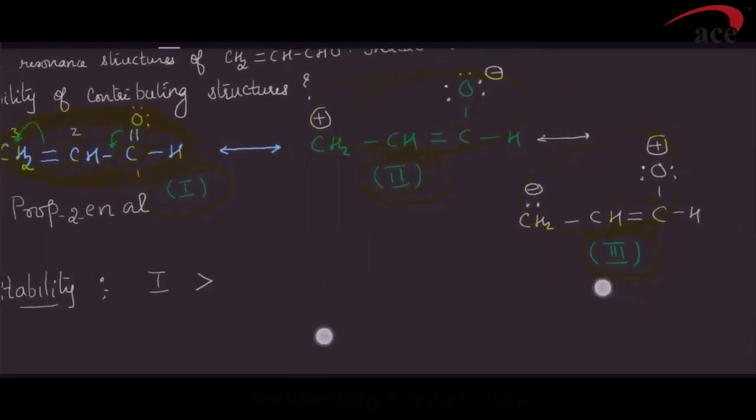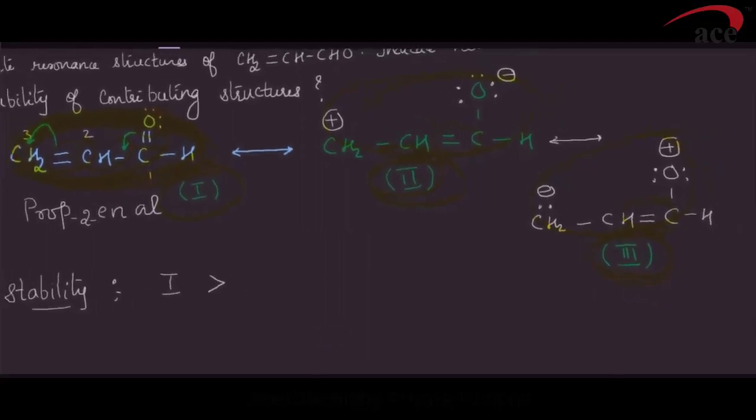Now the analysis is between structure 2 and structure 3. In structure 2, the negative charge is on the more electronegative oxygen atom, whereas in structure 3 the negative charge is on a carbon atom.